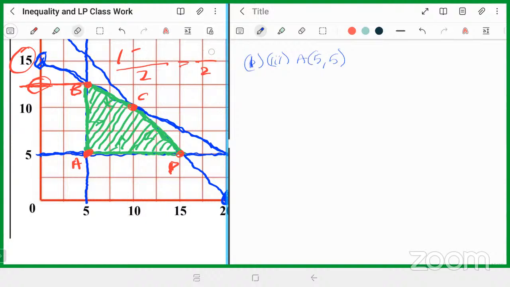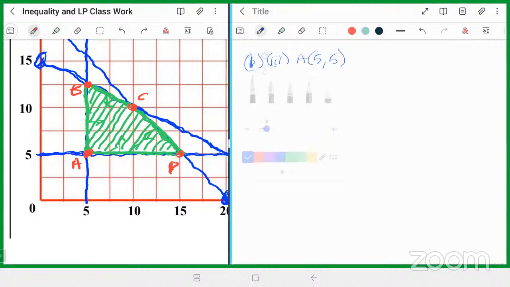But you should know that halfway between 10 and 15 is 12.5. So the Y value here is 12.5 and the X value is 5. So B is a point 5, 12.5. Remember, you have to put the X value first in the bracket.